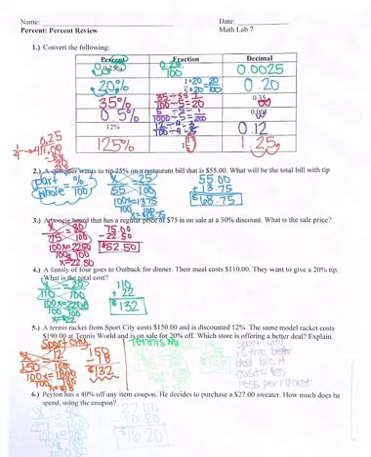Let's compare that to the cost at Tennis World. So at Tennis World, the original cost is $190, but you're taking off a bigger percent, so we're going to see which one's going to cost us less. So it's going to be part over whole. We're looking for the discount over the total cost of $190 equals 20% over 100. Cross multiply.